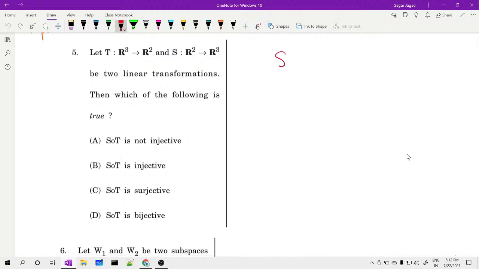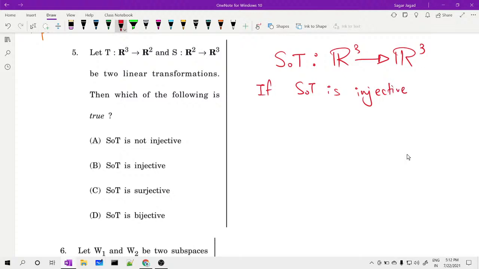So first of all, I will think about the rank of it. If we talk about S composite T, it will be from R3 to R3. So if it has to be injective, it should have rank 3, right? So if my S composite T is injective, my dear friend, then it should have rank 3 since its nullity is identically 0, right?